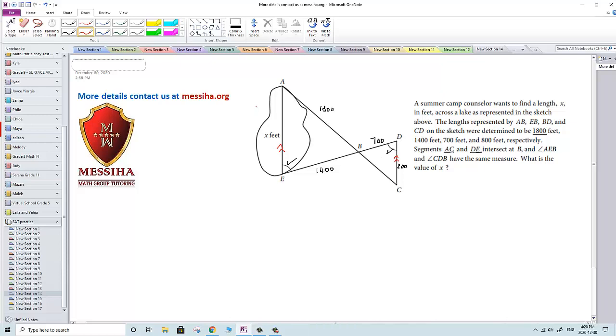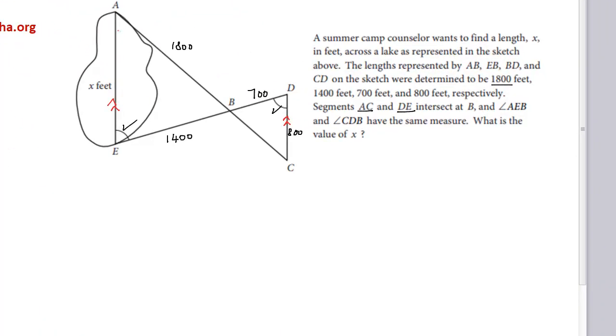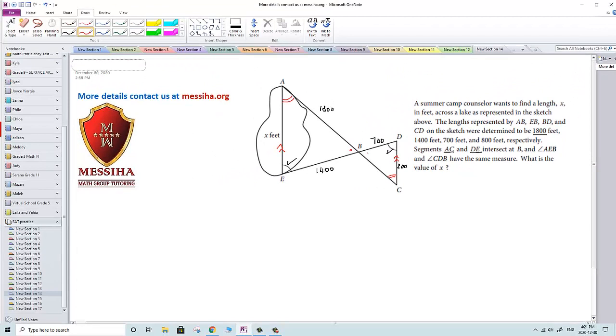From here, I can predict right away that this angle equals this angle, C equals A, and again alternate angles. And we know that these two angles are equal because they are in the position of opposite angles. So when I have two triangles like this, that means these two triangles are similar. Why? Because the three angles are equal.